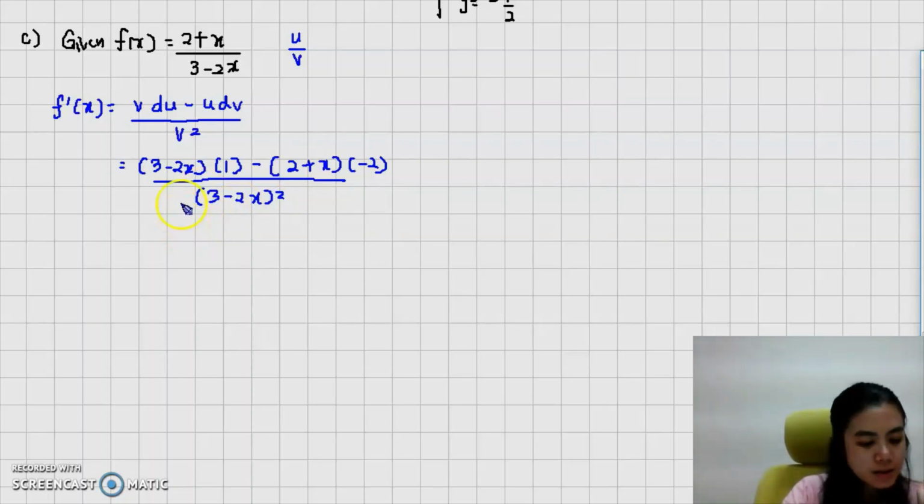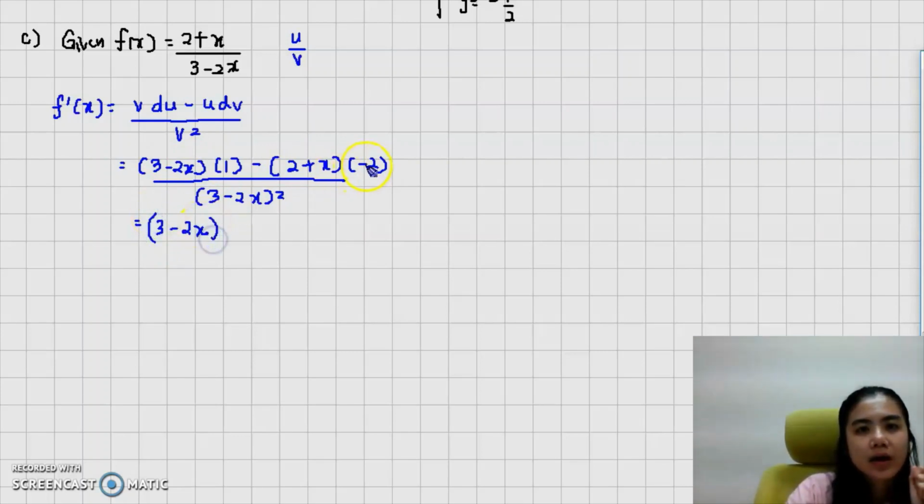Okay, let's simplify it. This one will have 3 minus 2x. I bring this minus 2 in front, multiply with this minus, I will have positive 2. At the bottom I still have this one.